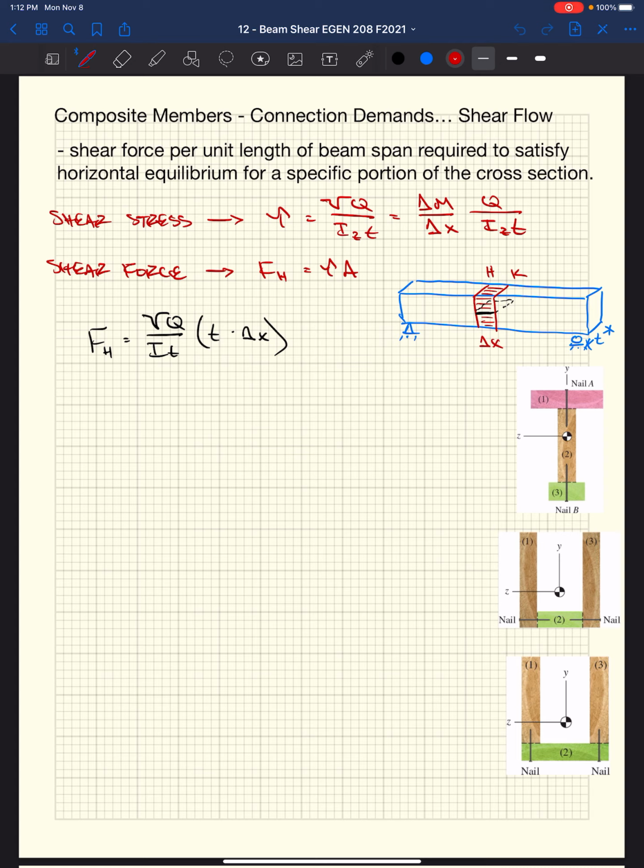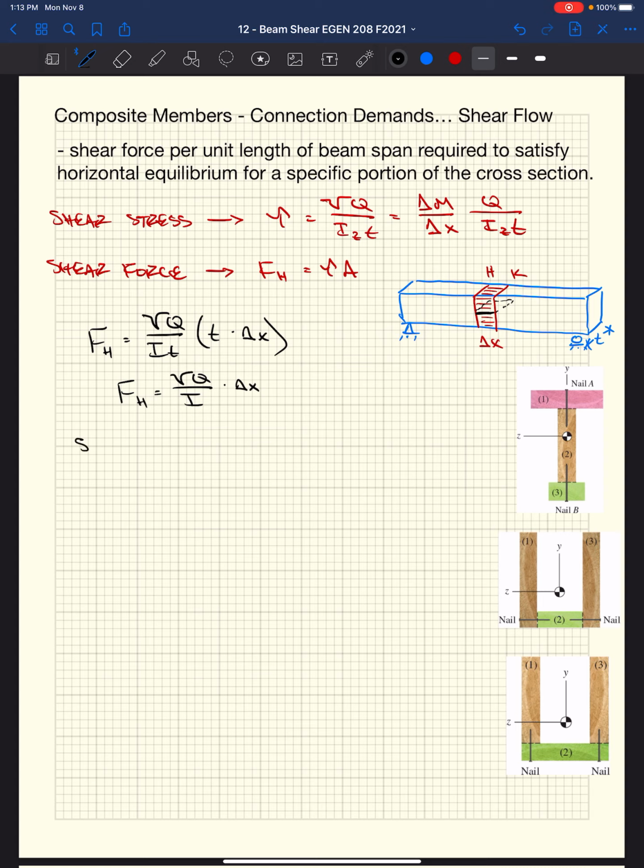The area in which that shear force acts is this horizontal plane area, which is delta x, our distance along the beam, times the width of our beam, or t. The t's cancel out here. So now we get our horizontal shear force is VQ over I times delta x, or distance along the length.